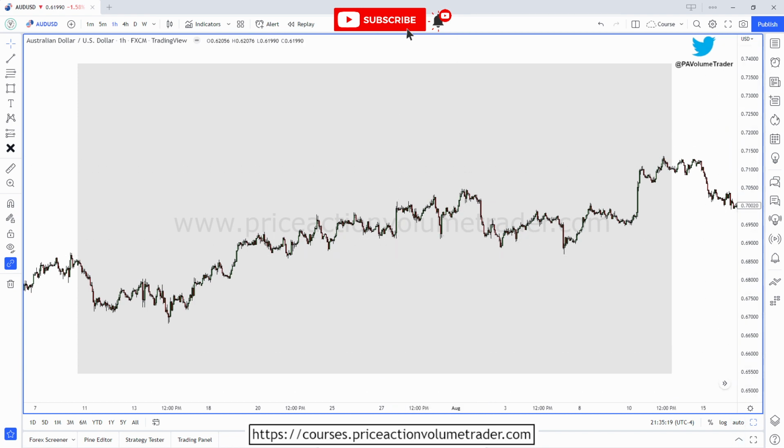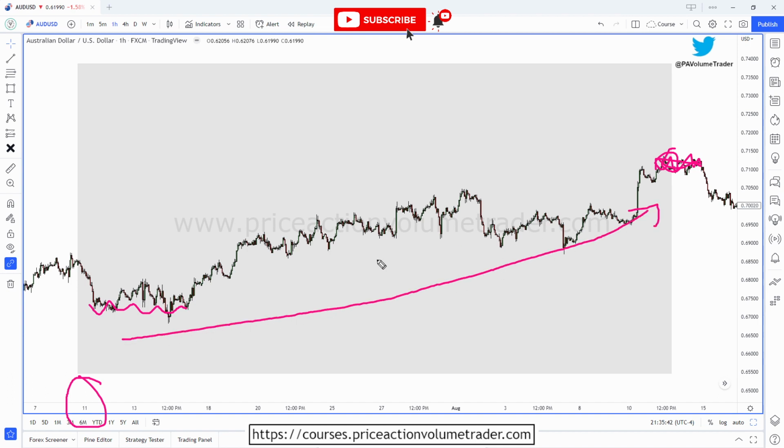And you can see how here, if you're a day trader, you pretty much had from July 11th, when we started bottoming, until August 11th, pretty much around here, when we started topping here, you had a whole month of price slowly grinding higher. So you had a lot of opportunities to either go with the uptrend on the hourly time frame, or the pullback in the daily or the weekly chart, let's say on the higher time frame.